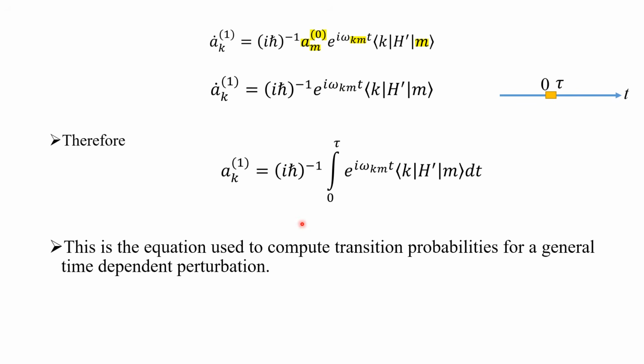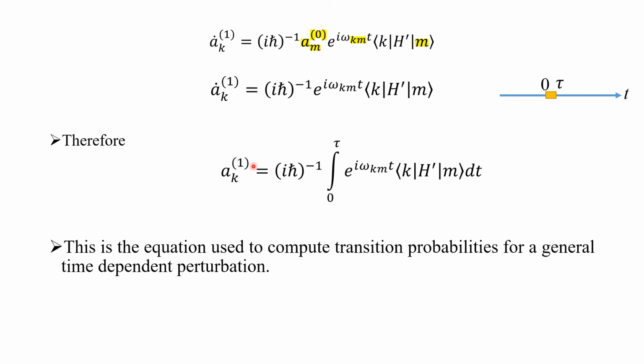Remember that in the initial state we assumed that in the summation only one of the an of 0 will be non-zero value, others are 0. We are applying the perturbation from the initial time 0 to time tau.